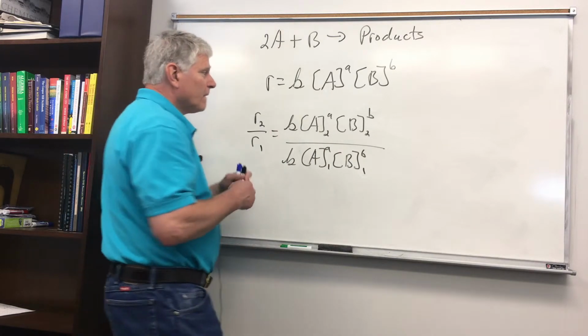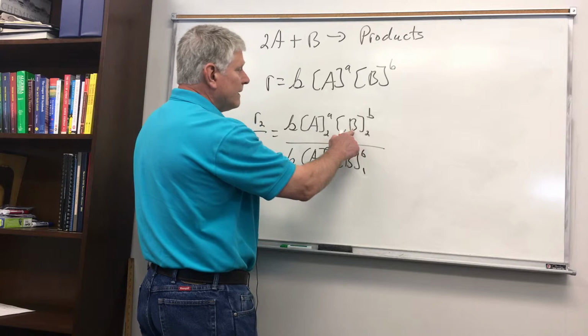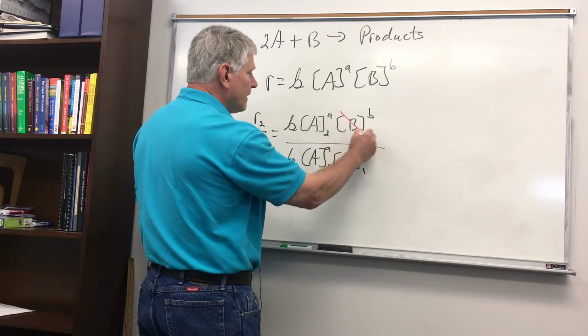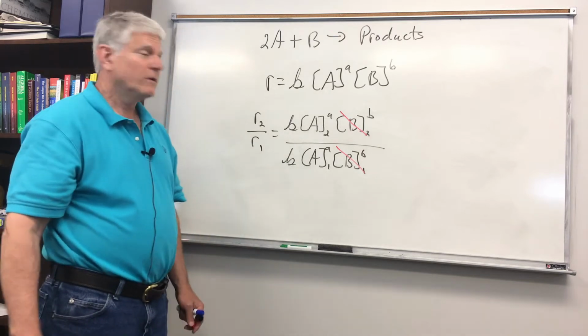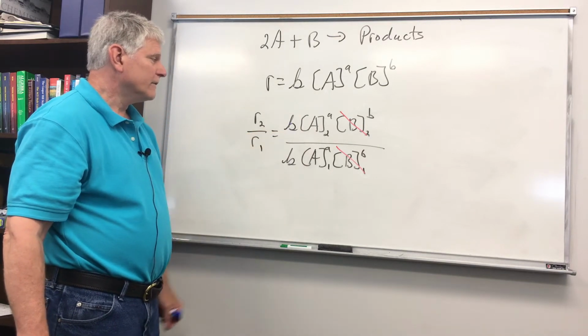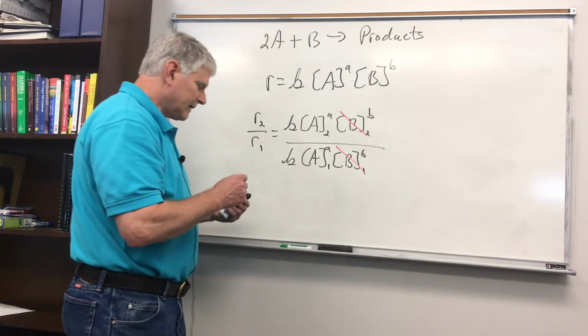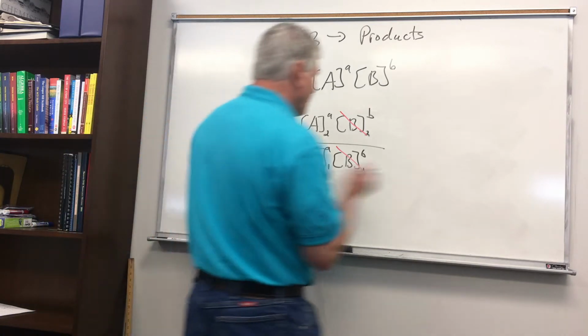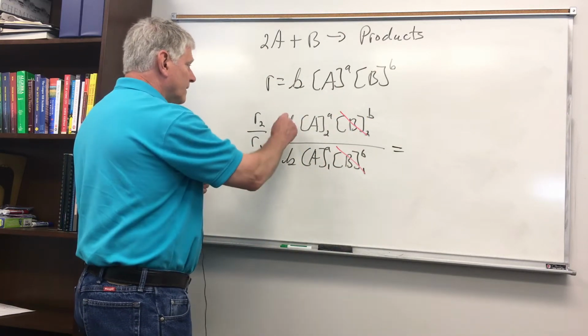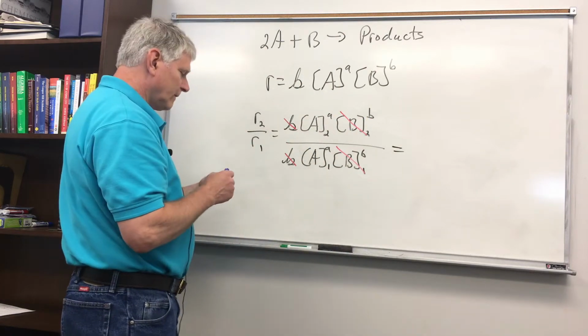Therefore, B for experiment 2 and B for experiment 1 are the same, and so they will cancel. So now we just have the ratio of the concentrations of A. And you'll notice that the rate constant cancels as well.